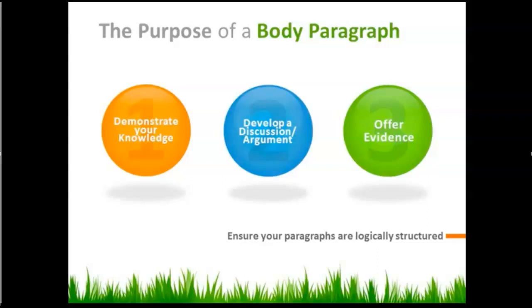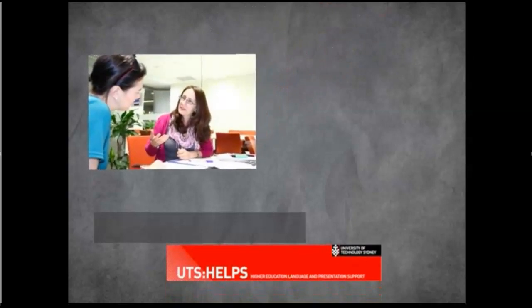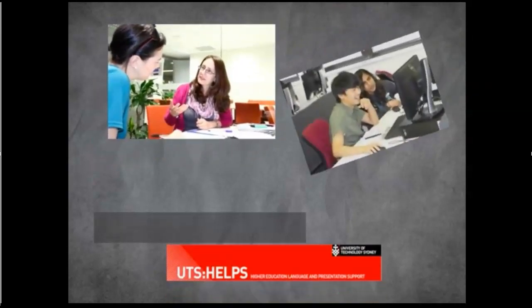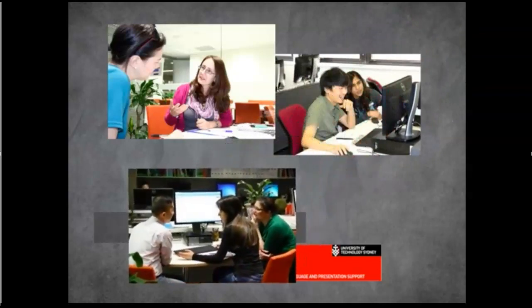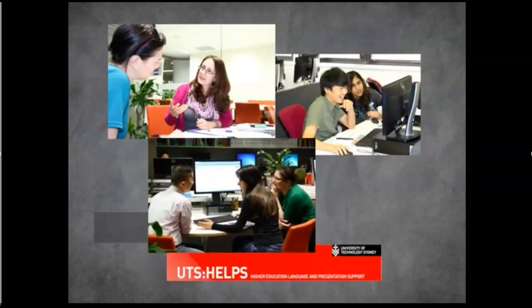This could include examples or quotations from authoritative sources. If you experience difficulty in structuring and developing your body paragraphs, you can always talk to a Helps advisor or one of our volunteers. They're always ready to help you if you need assistance at any stage of the writing process.